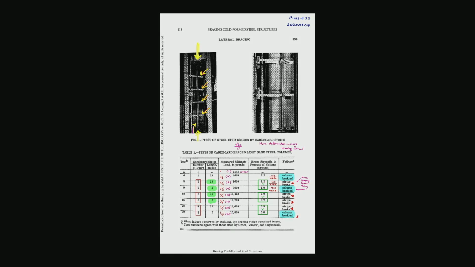For the world these days, you might just use an Excel spreadsheet with geometric nonlinearity analysis.